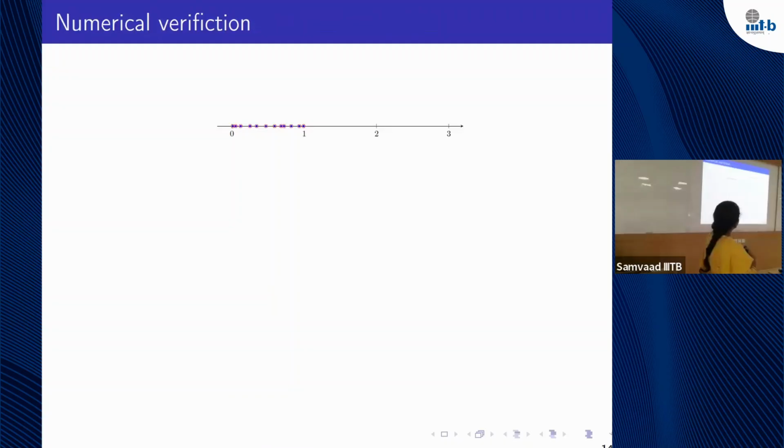Now let's jump to some numerical experiments. So I'm in 1D, that is I have just one feature in my training data set, and I'm plotting those features. I'm just doing a scatter plot, putting those feature values in 0 to 1. So I have n such points.